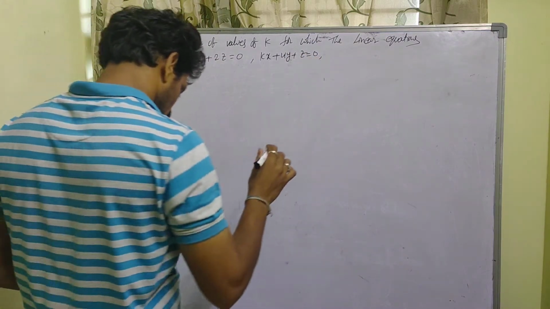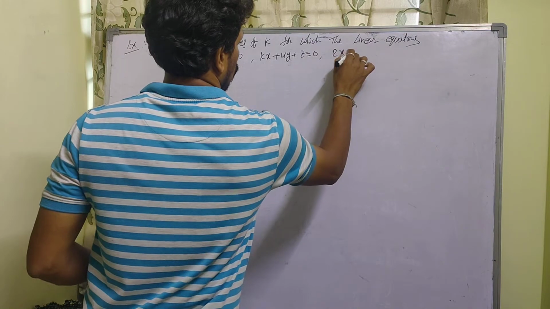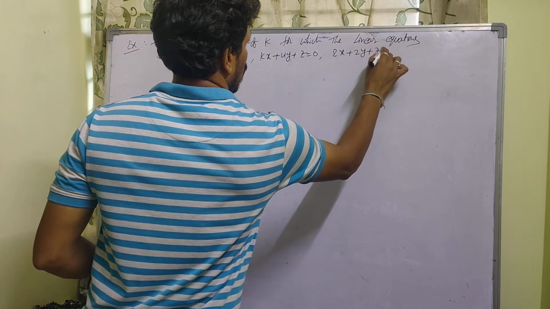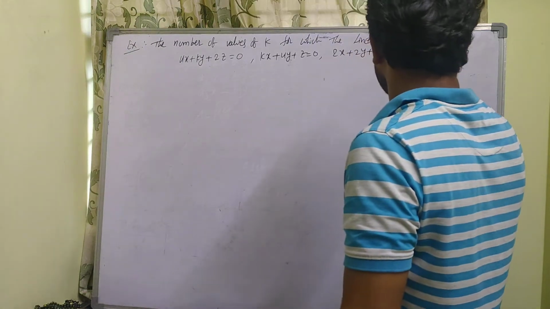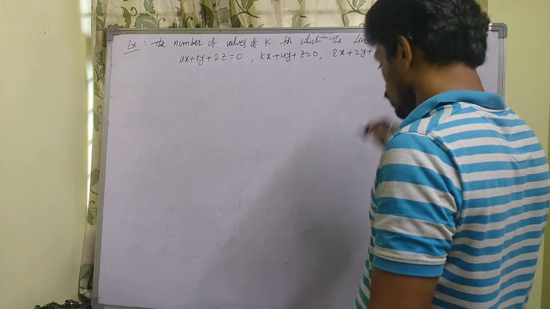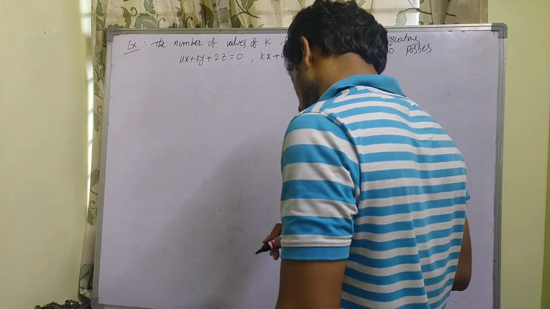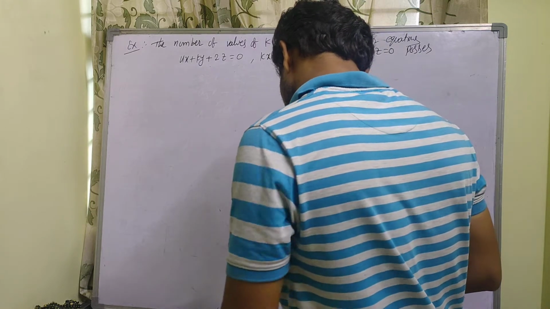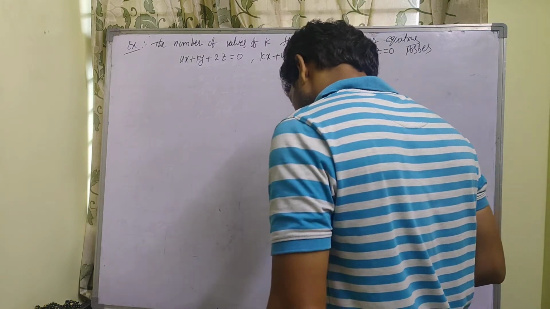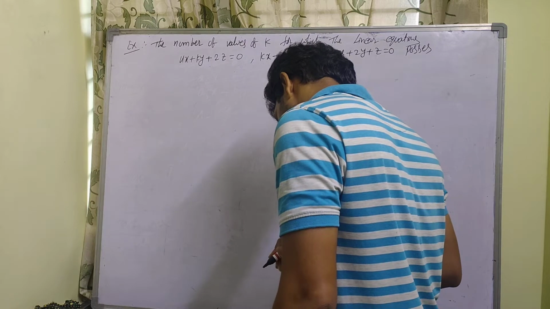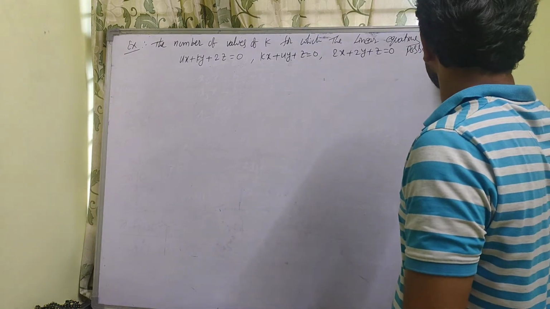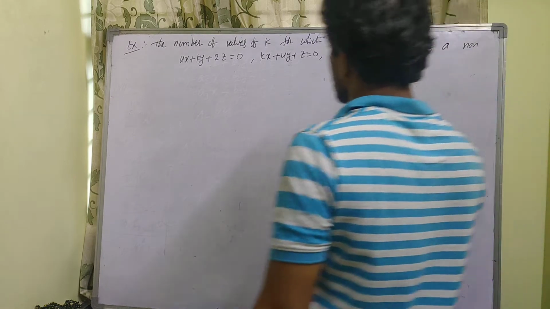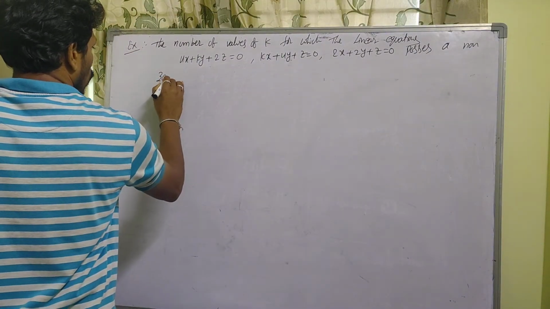next 2x plus 2y plus z is equal to 0, possesses a non-zero solution.